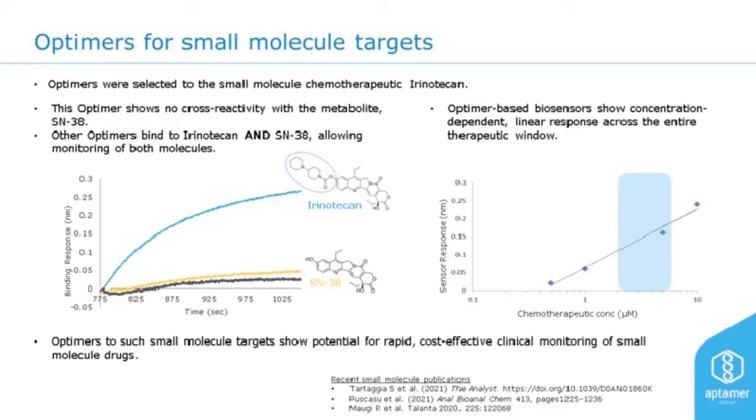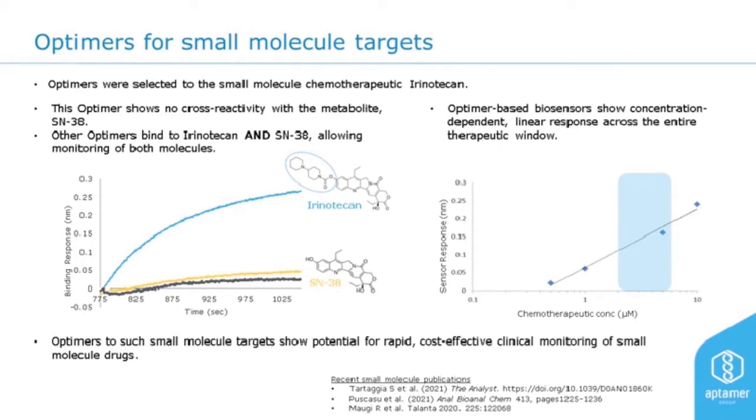You can see on this data set the aptamer very clearly binding to irinotecan, but not binding to the metabolite. So you have there a biosensor tool that can discriminate between one molecule type and a metabolite. That's very important when it comes to drug regime monitoring, for example.